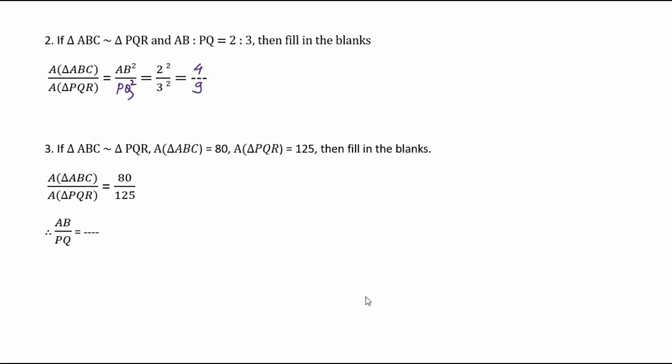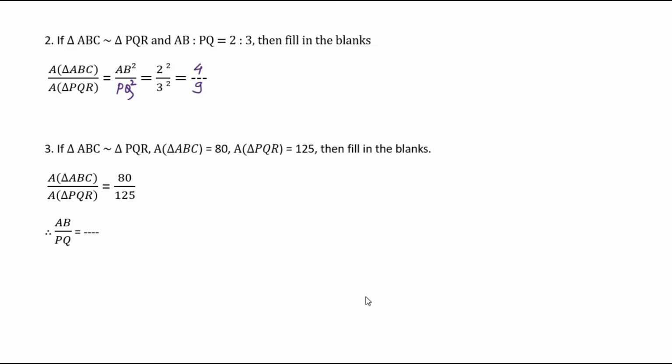Third problem. If triangle ABC is similar to triangle PQR, area of triangle ABC is equal to 80, area of triangle PQR is equal to 125, then fill in the blanks. Here, area of triangle ABC upon area of triangle PQR is equal to 80 upon 125.